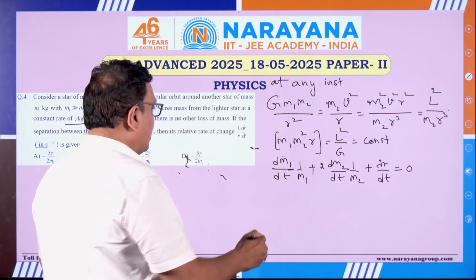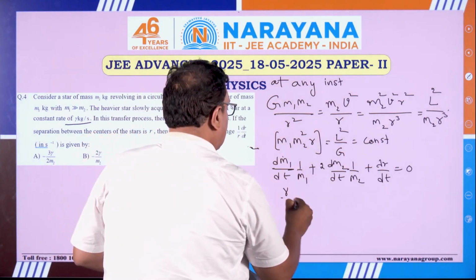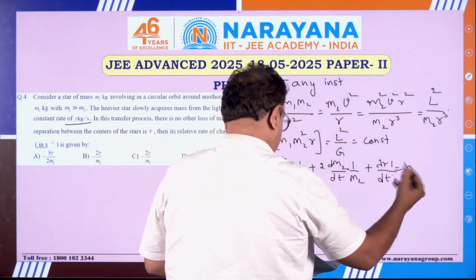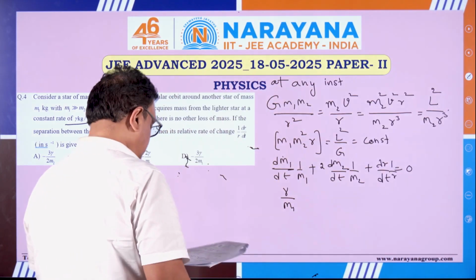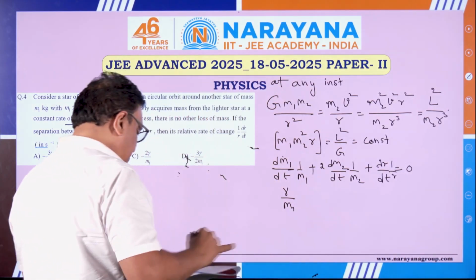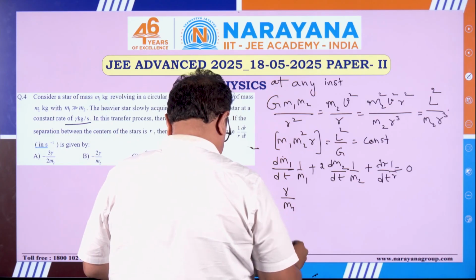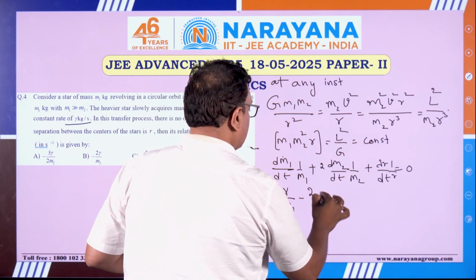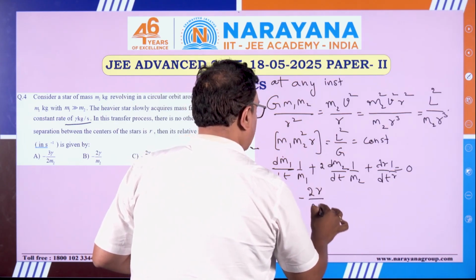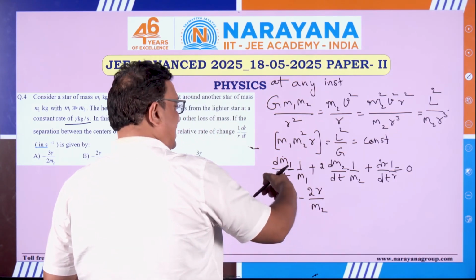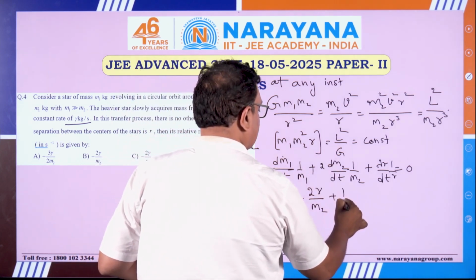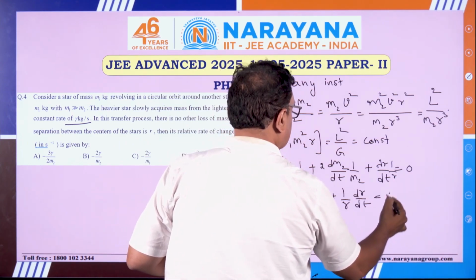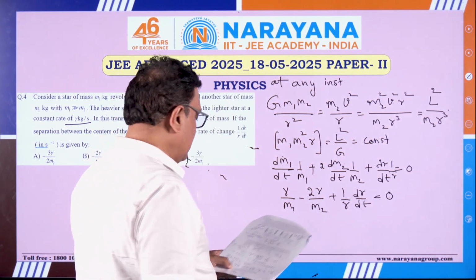So I am assuming the entire thing as gamma by m1, and there is a 1 by r term also here, dr by dt 1 by r. Now gamma by m1 minus 2 gamma by m2, why I put minus is because one is gaining and the other is losing, plus 1 by r dr by dt is equal to 0.